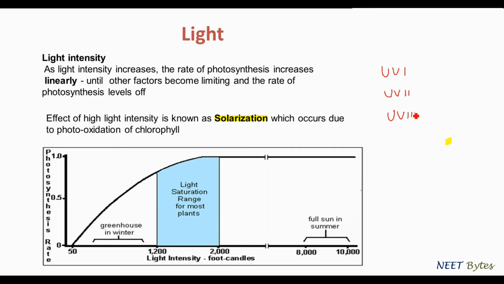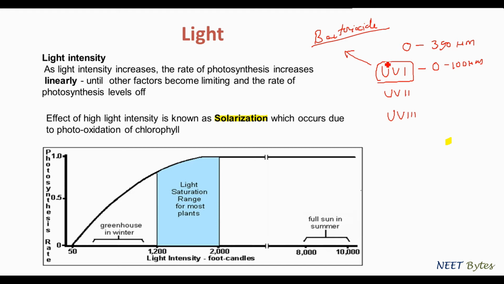We know very well their wavelength is from 0 to 390 nanometers, right? The very first, from 0 to 100, acts as a bactericide. That is, this UV1 ray is going to kill the bacteria.